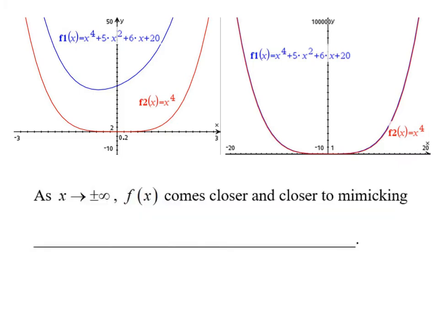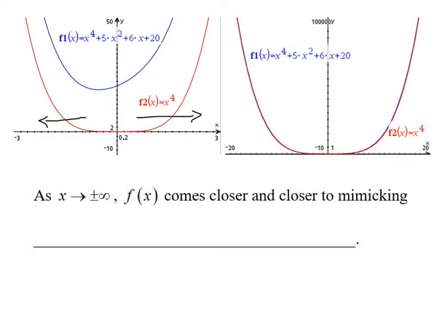All right, so let's make a general observation here that as x is approaching plus or minus infinity, that means we could go either direction, right? If x is approaching negative infinity, then we are heading to the left. And as x is approaching positive infinity, that means we're heading to the right.